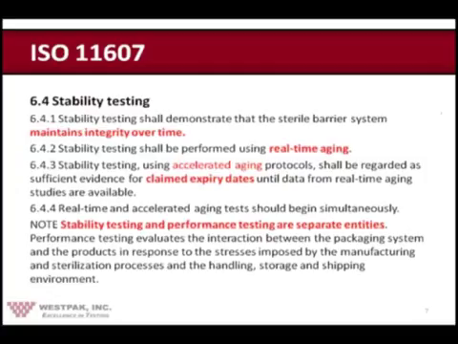It's important to note that the standard requires that accelerated aging be validated with real-time aging throughout the lifetime of the product. However, the standard does allow using accelerated aging dates by themselves for claimed expiry dates until data from real-time aging studies are available.